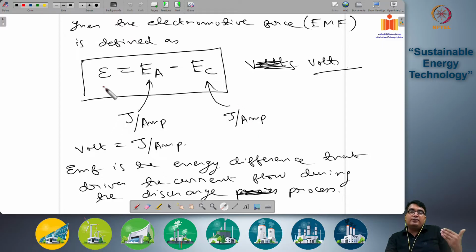So the unit of this EMF, electromotive force, is volts. So what this energy difference per electron per unit time gives is the potential difference between the two electrodes. The potential difference under ideal conditions is EA minus EC, and this is called the electromotive force. It's called the force because it is what helps drive the current flow during the discharge process.